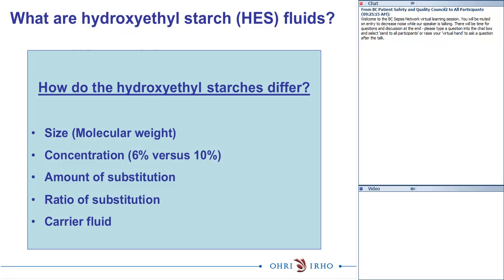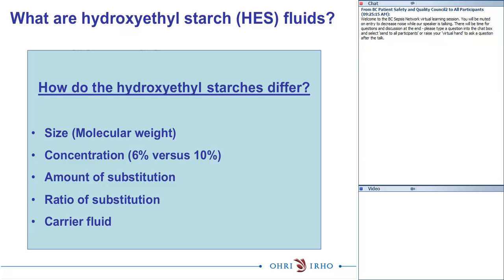So there's a few different starches available for use in Canada. One of them is the Pentaspan or the pentastarch, and the more current version is Voluben or Volulite. And they differ with regard to their molecular weight. Pentastarch is about 200 or 250 kilodaltons versus our Voluben, which is 140 kilodaltons. And they differ with regard to their concentration as well, 10% versus 6%.